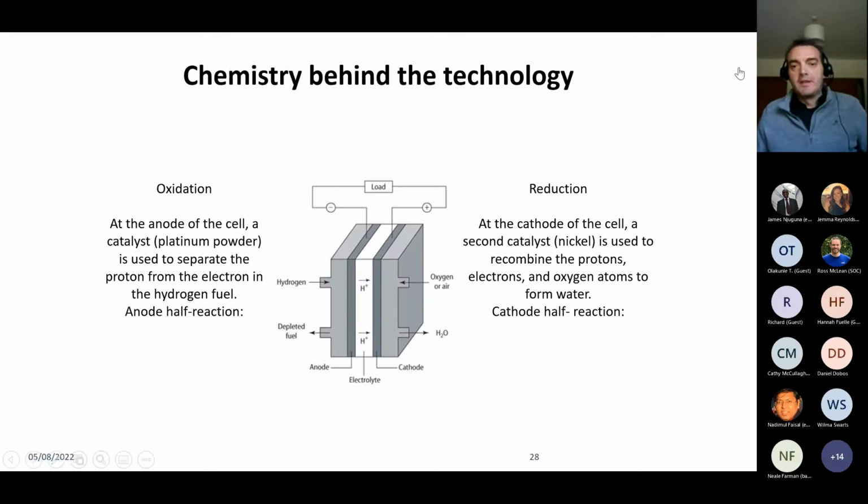Now, some of the chemistry behind fuel cell technology. I have one here that I'll show you in a minute. I bought it the other day; I was bored at home, so I said, let me just buy something. This is a fuel cell system, as you can see. We have two parts, two different sides, and one separation membrane in between them.